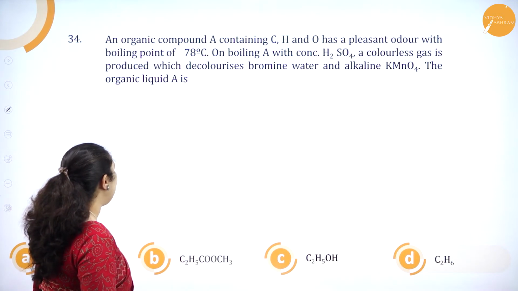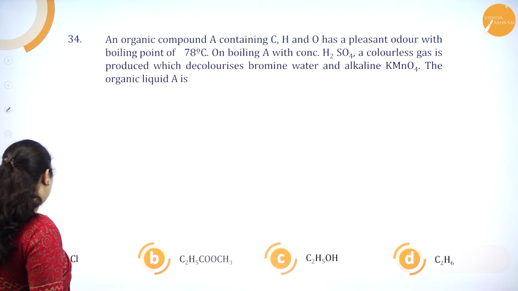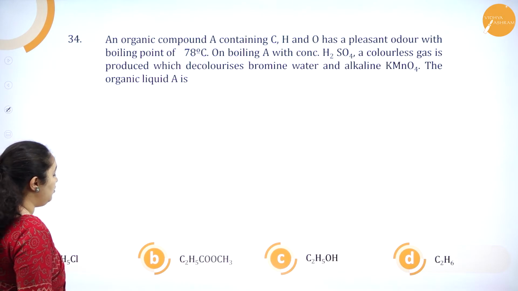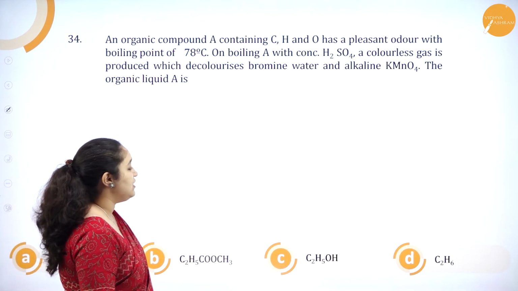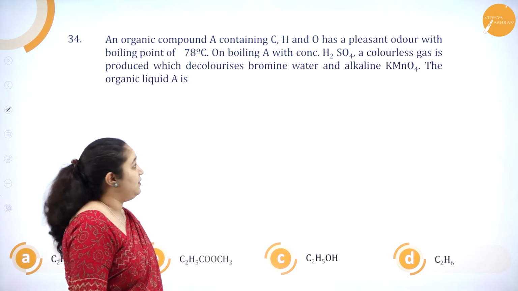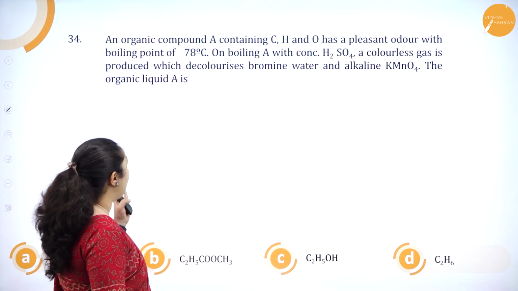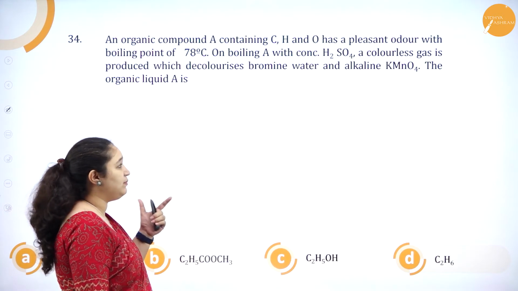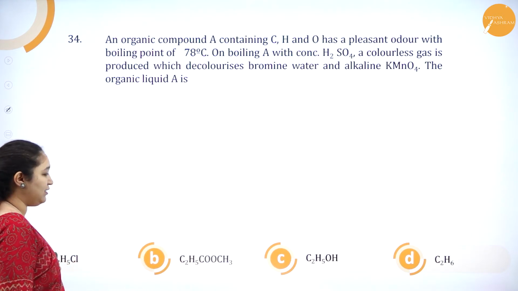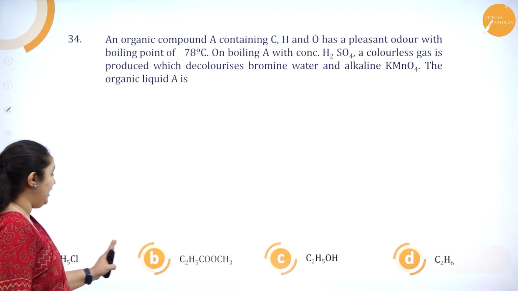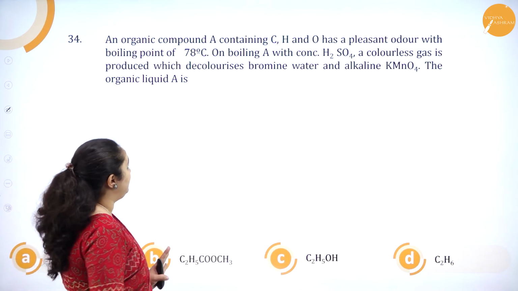The organic liquid A is C2H5Cl, C2H5COOCH3, C2H5OH, C2H6. See, first of all, the organic compound A contains carbon, hydrogen, oxygen. So option A is ruled out because it contains chlorine. Okay, it should be B, C or D.